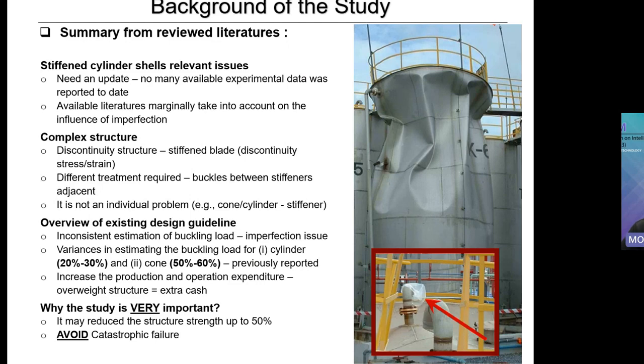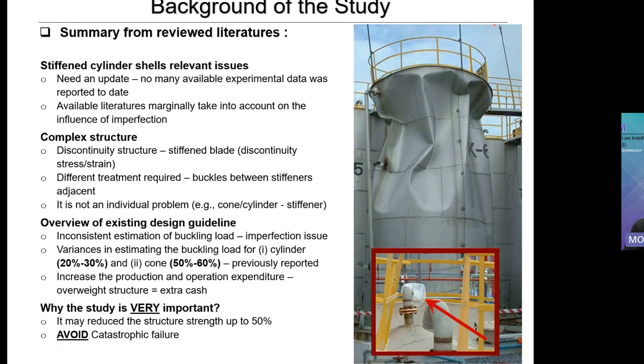And this is quite a complex structure, because you've got a cylindrical shell with stiffeners attached to it. Of course, you're imposing a discontinuity in the structure, and what will happen is you're going to experience discontinuity stress and strain.